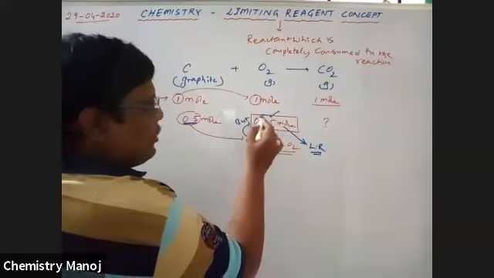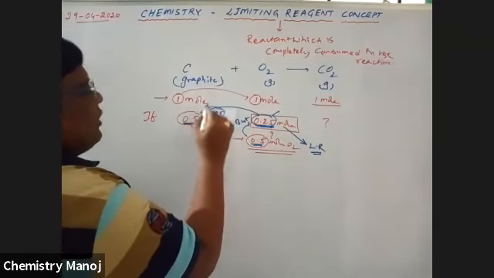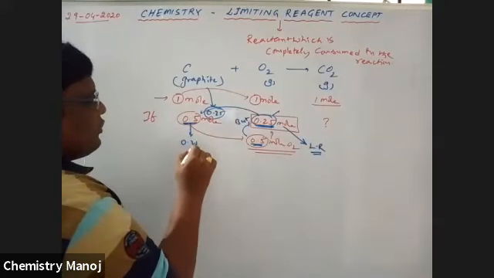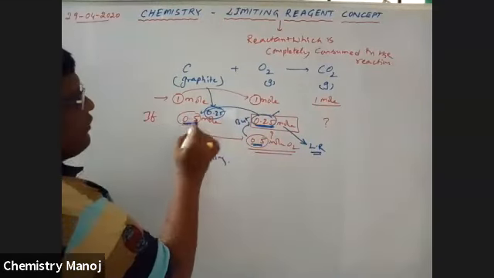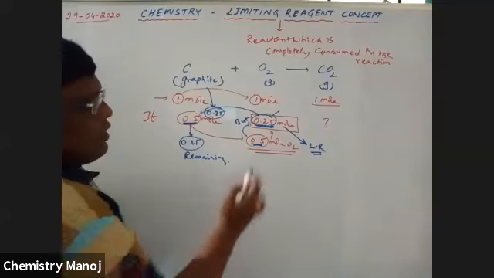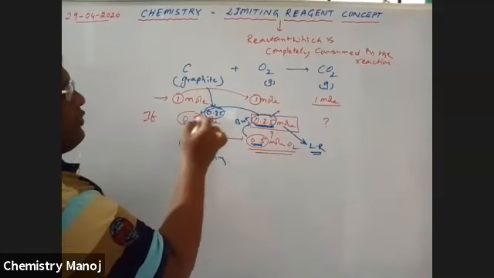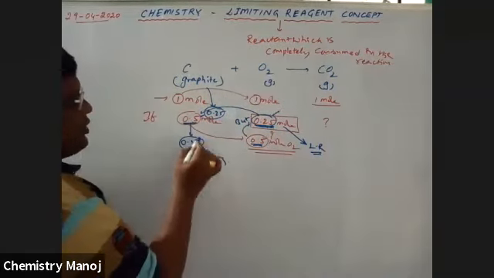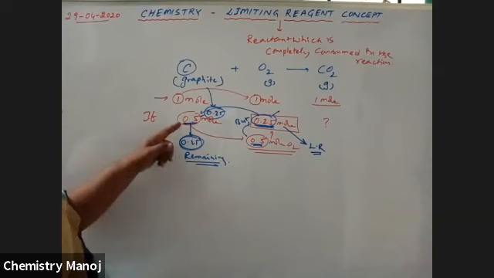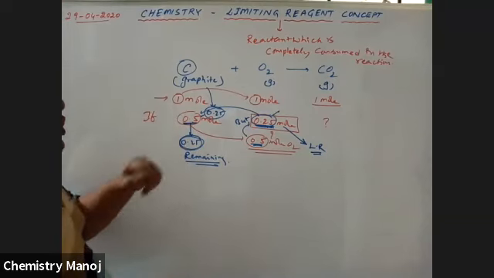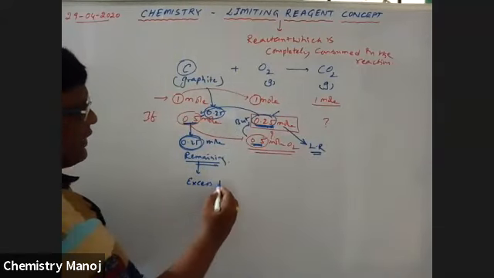That means 0.25 mole oxygen reacts with 0.25 mole graphite and 0.25 mole remains. So 0.5 minus 0.25, that is 0.25, is still remaining. That is graphite, which is in excess. 0.25 mole is excess.